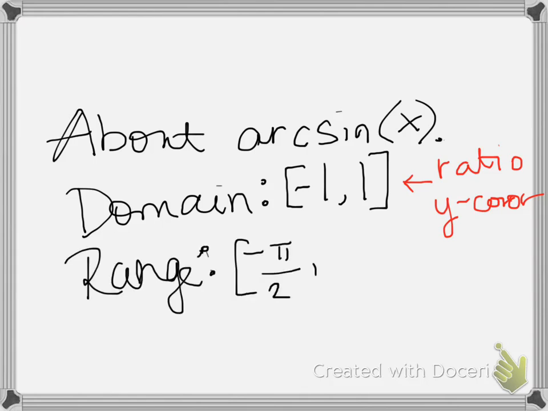And the range is from -π/2 to π/2. The output of arcsin is an angle. So when you are using these functions, you want to ask yourself, what is the input of arcsin of x and what is the output of arcsin of x? And that might help distinguish what you are doing.